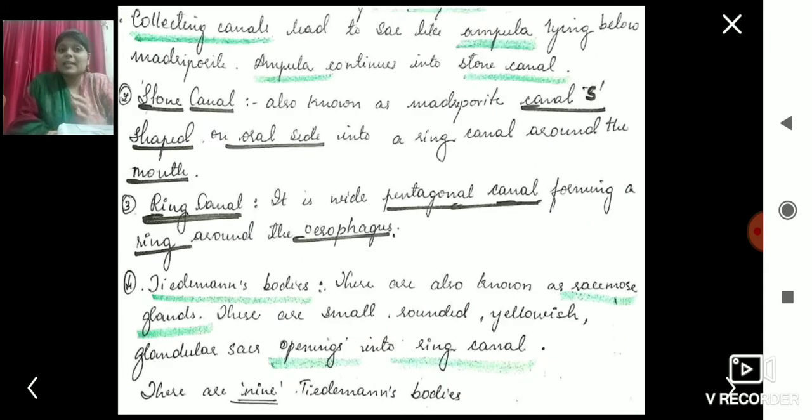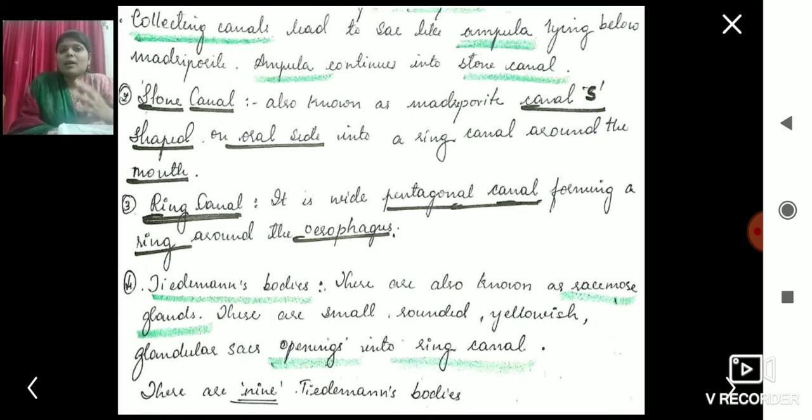So the collecting canal leads to a sac-like ampulla lying below the madreporite. The ampulla is a region which is going to collect all the water. It is like a sieve. All the small minute pores through which the water goes, because dirt and other particles shouldn't enter its body, isn't it? So it's like a sieve filter, so that the water enters the madreporite.